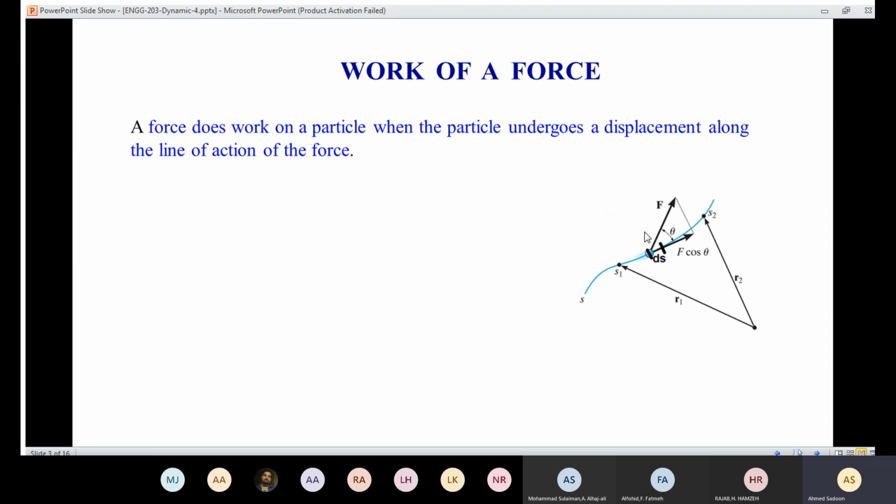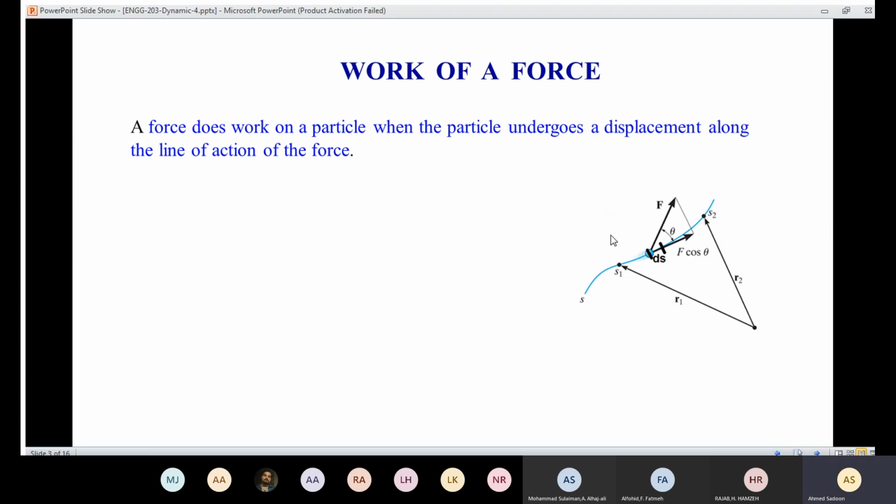So assume that I have a path like that, and assume the initial position was S1 and the final position is S2. And I have a particle that moves along that path.